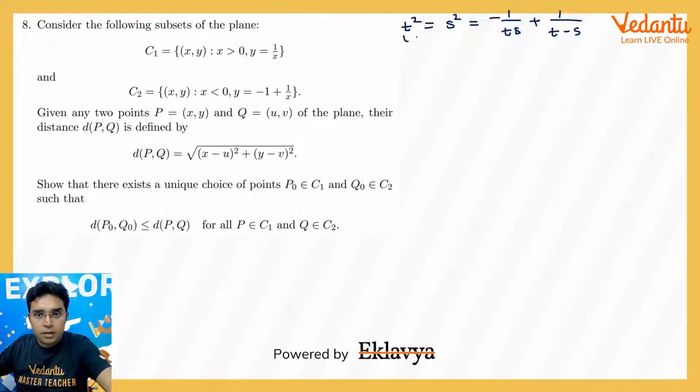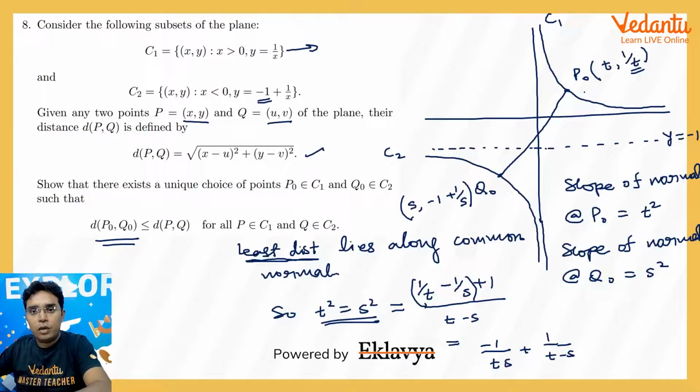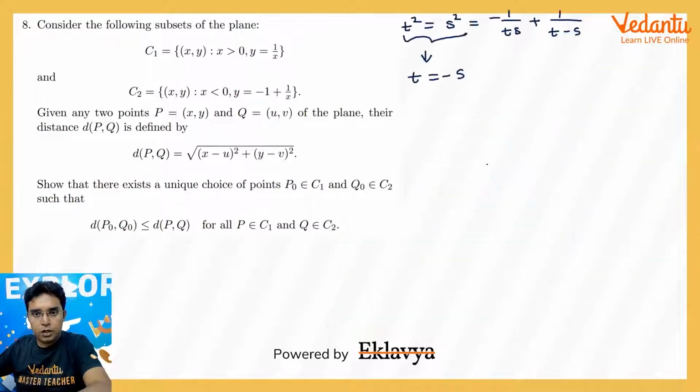Now this means t will be equal to minus s. Why am I saying so? t cannot be equal to s because t is positive and s is negative. So t will be equal to minus s, and if I combine these two things, writing s is equal to minus t, I get t square is equal to 1 upon t square plus 1 upon 2t.